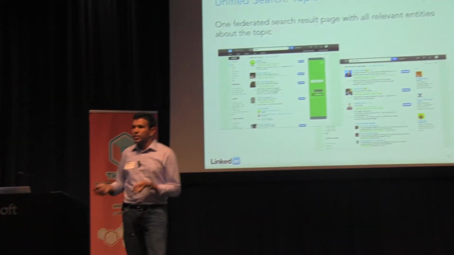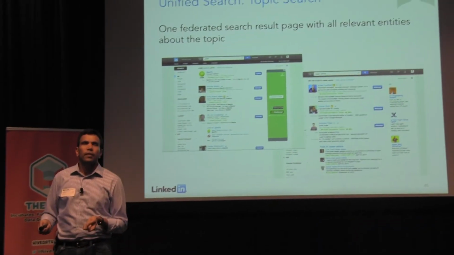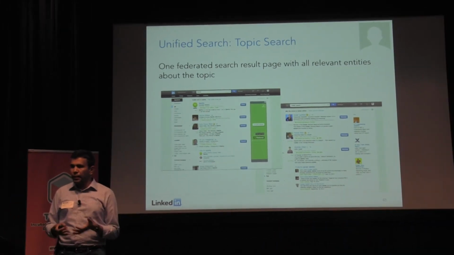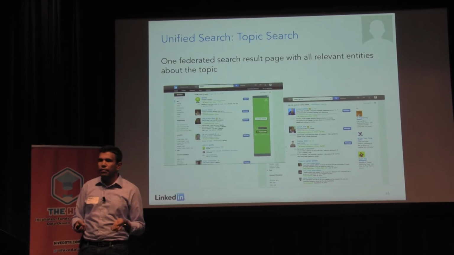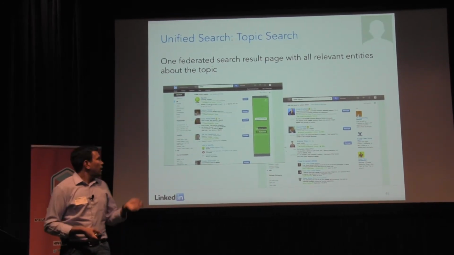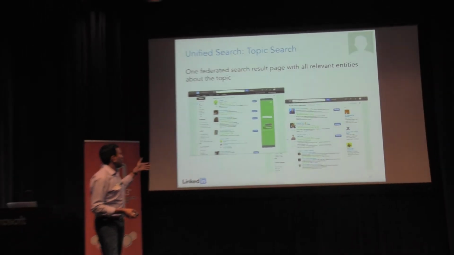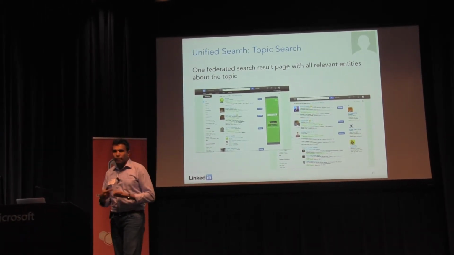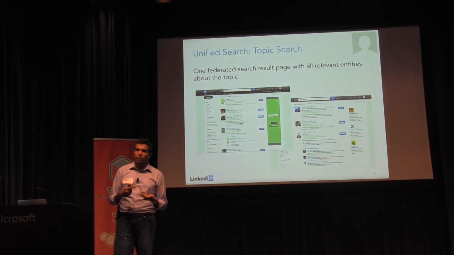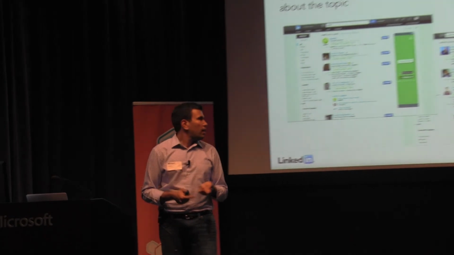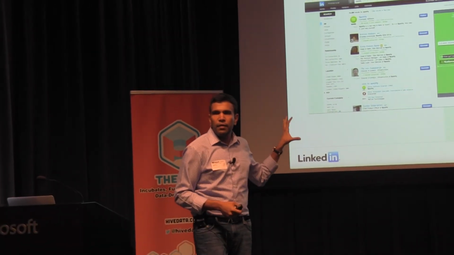Another thing the casual user does is topic search. We have one unified search results page that brings together entities that we have to offer that are relevant to a given topic. Take Spotify as one of the examples, where we have the company page for Spotify and people who work at Spotify and jobs at Spotify in one unified search experience.